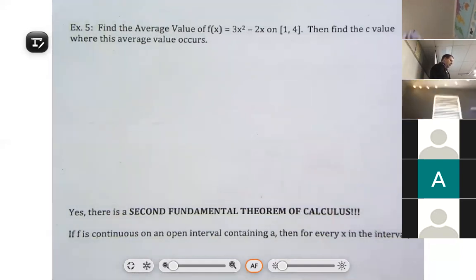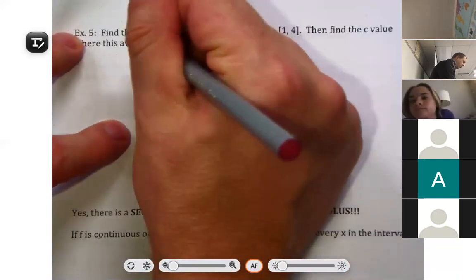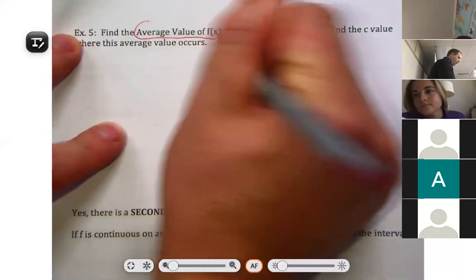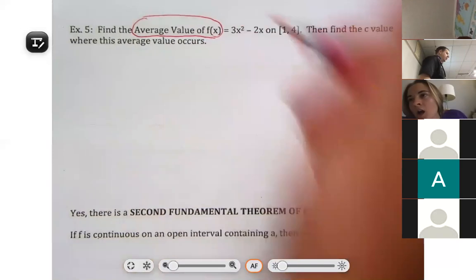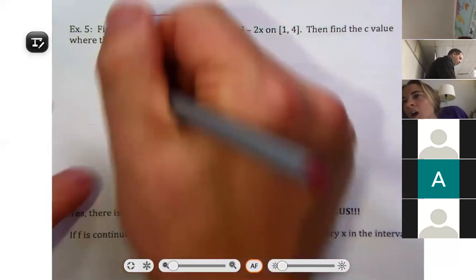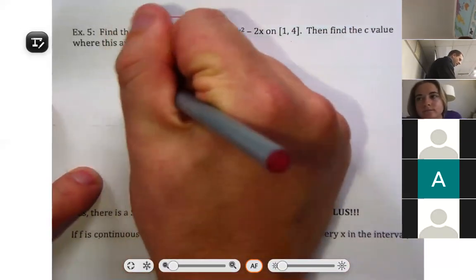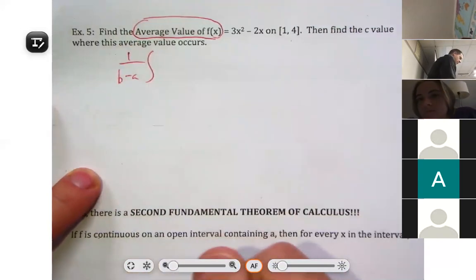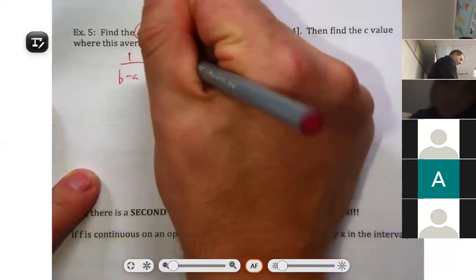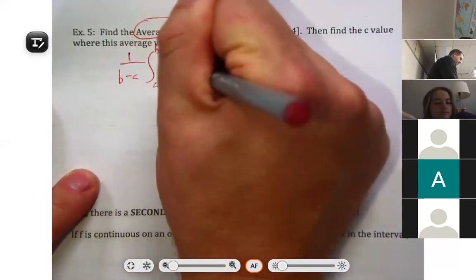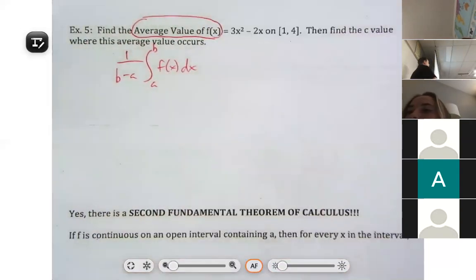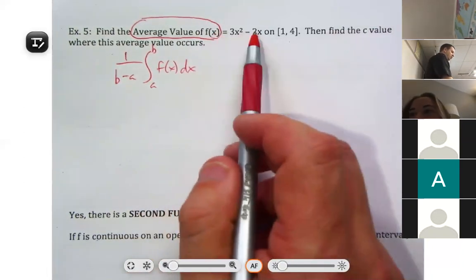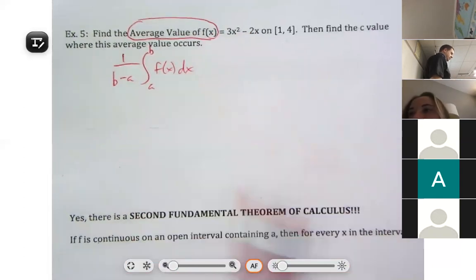As soon as I see average value or average temperature or average whatever, that tells me I'm doing 1 over b minus a times the integral from a to b of that function. I think it's a good habit once you learn a formula to just write it several times. If I'm finding the average value of f of x, I'm going to integrate f of x.